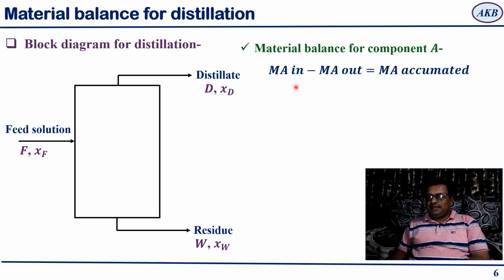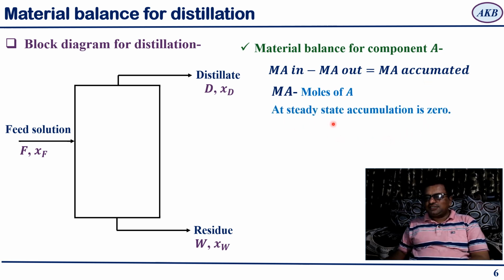Moles of A in minus moles of A out is equal to moles of A accumulated. That is Ma in minus Ma out is equal to Ma accumulated, where Ma represents moles of A.